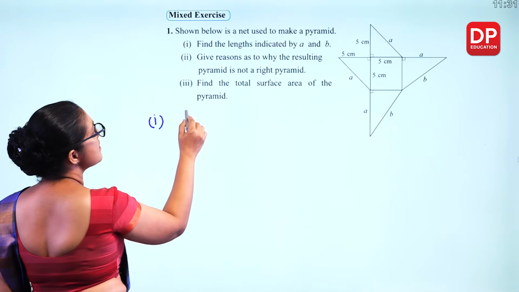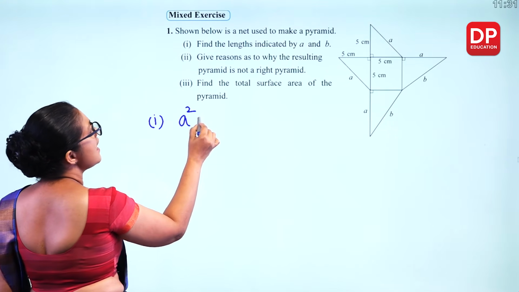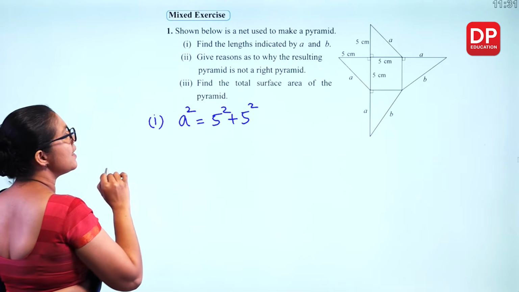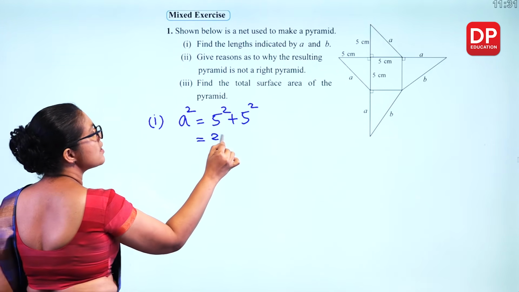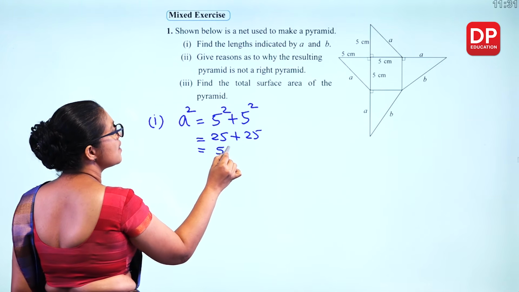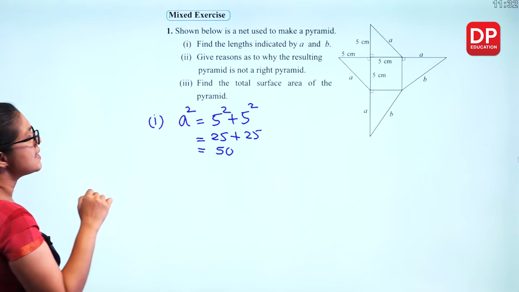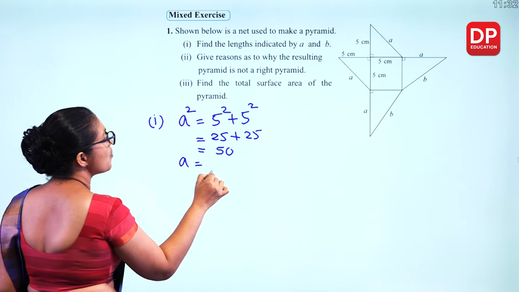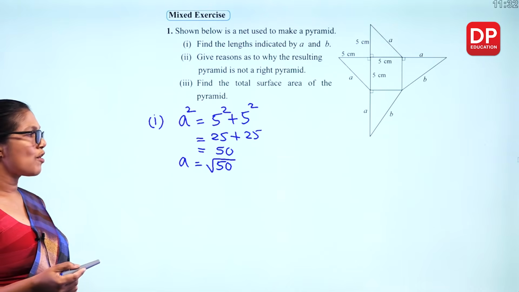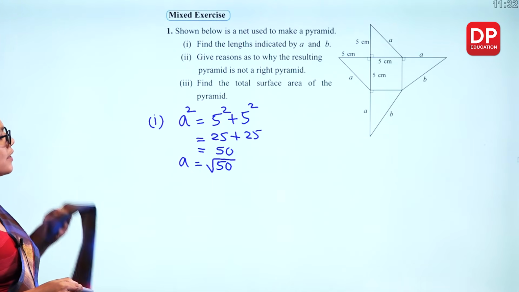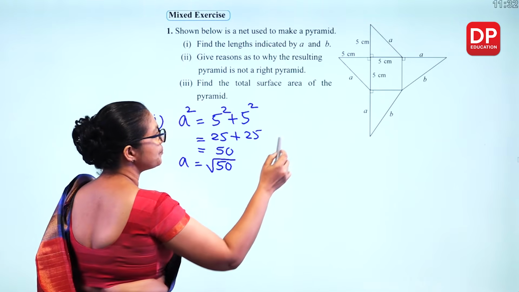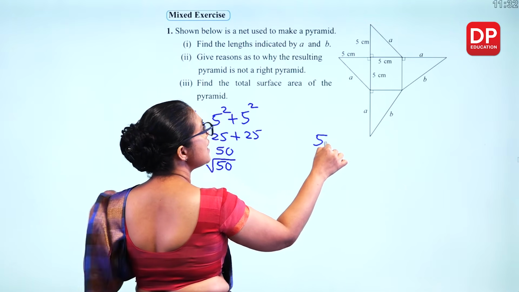According to the Pythagoras theorem, I can see A squared is 5 squared plus 5 squared. 5 squared is 25, 5 squared is 25. 25 plus 25, you get 50. So what is A? A is the square root of 50. How can we find the square root of 50? You have to divide using the division method.